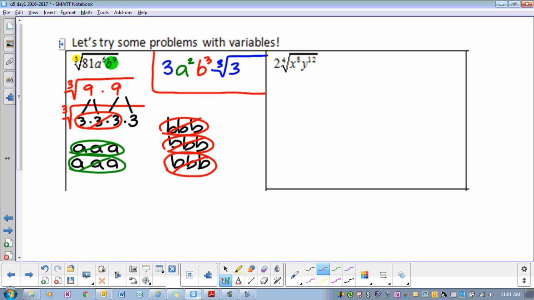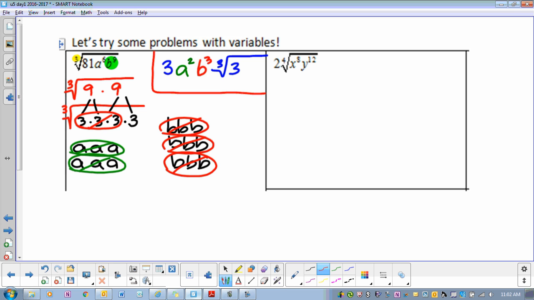Do I have any left over that need to go inside the radical? No. So that's it. I'm done. That's my answer. Okay? Just don't forget your little root. Don't forget that index. If it is a cube root, you need to put that 3 there, or it becomes like a square root. Okay? And then you just change the problem for this one. All right?